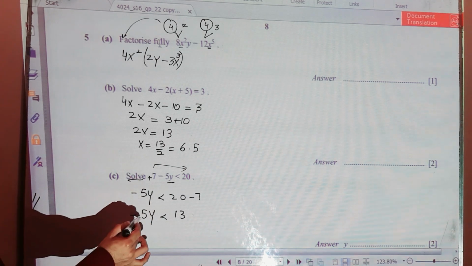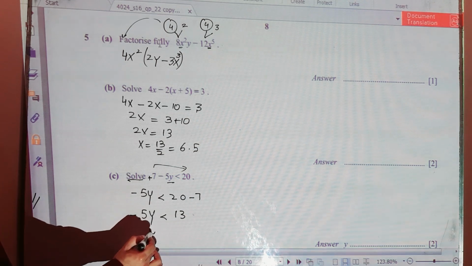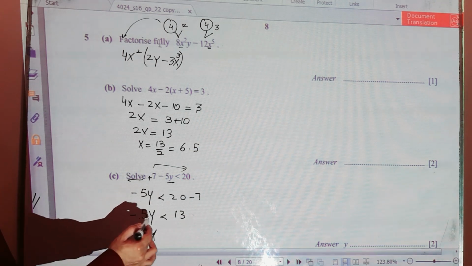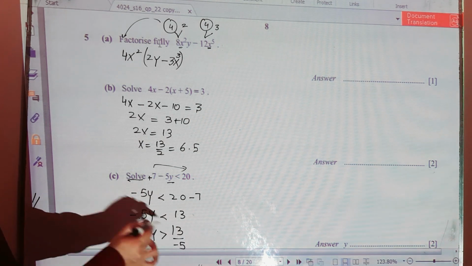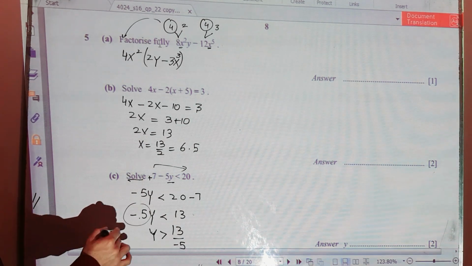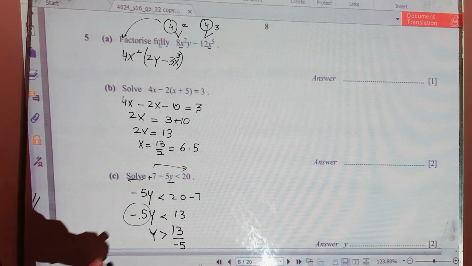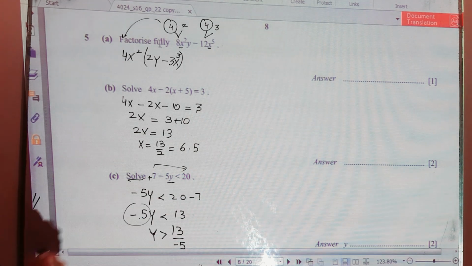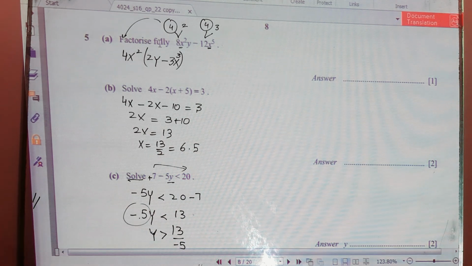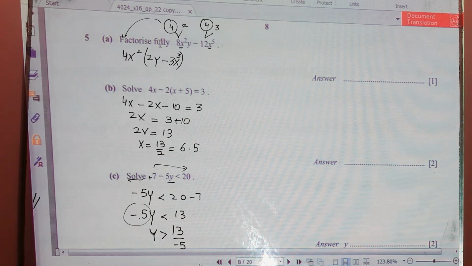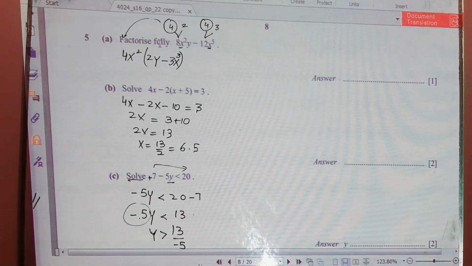Now it will change when I shift minus 5 on the other side, because minus 5 when moving on the other side is now dividing 13. So when a negative number upon shifting on the other side divides a number or multiplies with a number, then you will change the sign of inequality. Now that is y is greater than minus 13 by 5. This is the solution for this part.